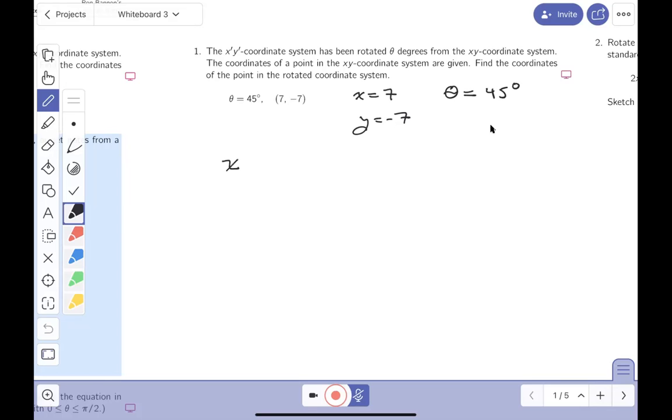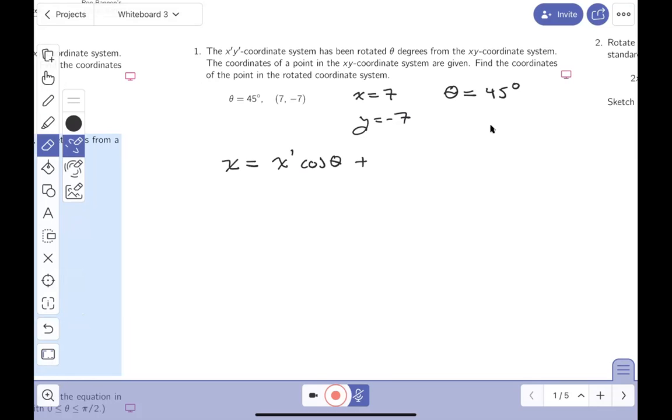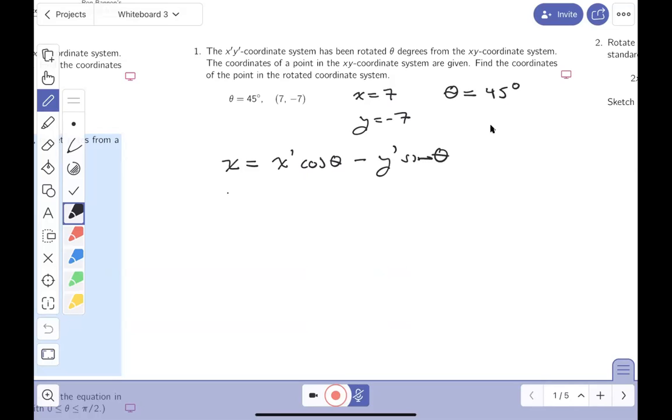The formula is x equals x prime cosine theta minus y prime sine theta, and then y equals x prime sine theta plus y prime cosine theta.